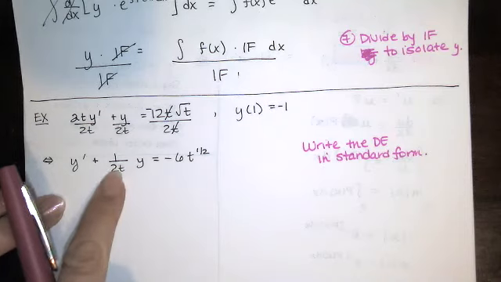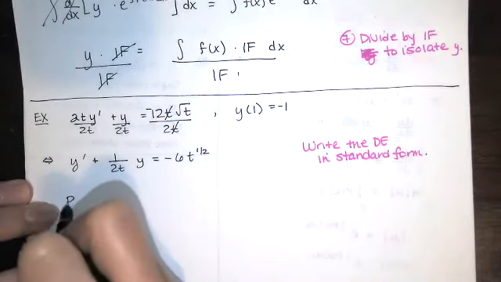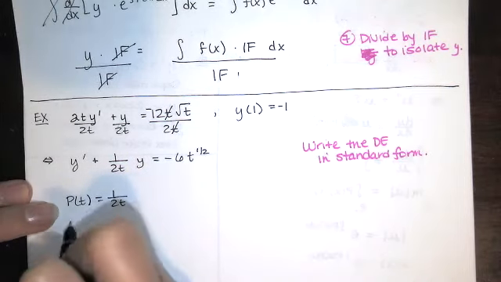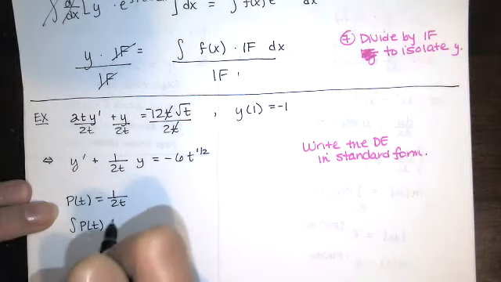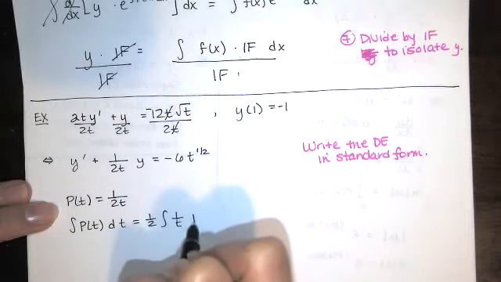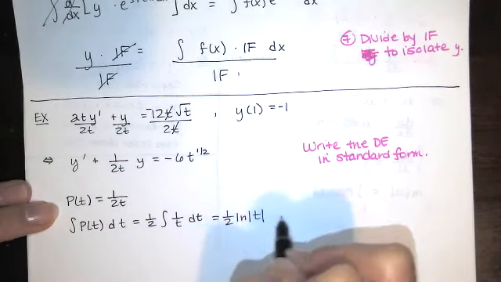Then you identify p, that's the function in front of the y once you're in standard form. And then anti-differentiate it. So that's 1/2 times the integral of 1 over t dt. That's 1/2 times natural log of the absolute value of t plus c.